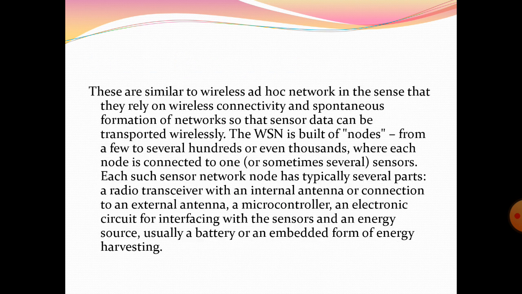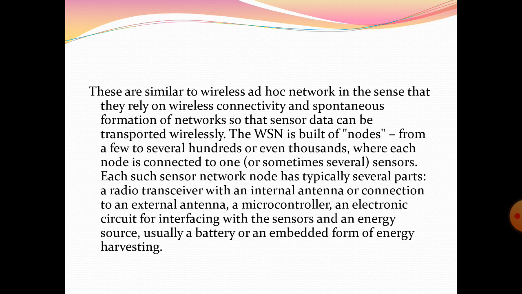Next, in continuation of the previous slide, these are similar to wireless ad hoc networks in the sense that they rely on wireless connectivity and spontaneous formation of networks so that sensor data can be transported wirelessly. The wireless sensor network is built of nodes, from a few to several hundred or even thousands, where each node is connected to one or sometimes several sensors.